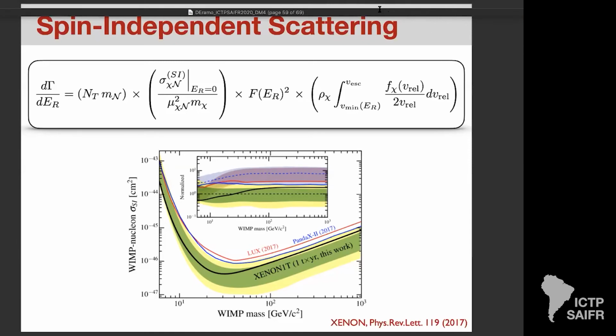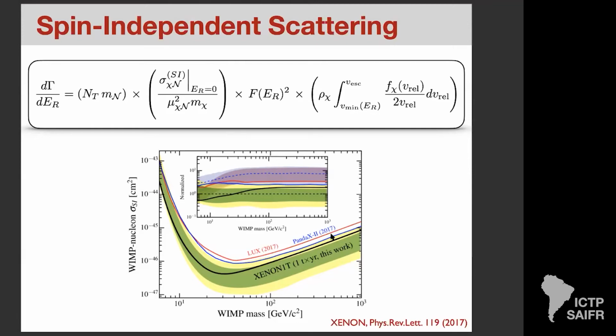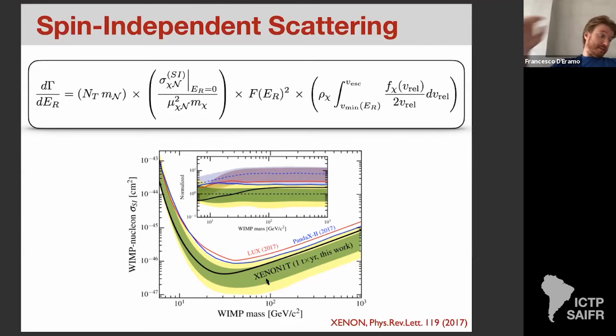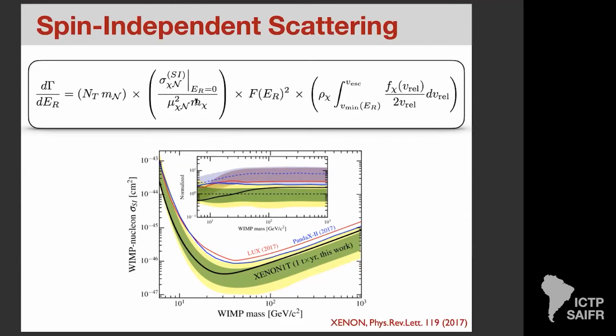One more question from Sudipta. Why is direct detection giving stringent bounds for a particular dark matter mass of around 33 GeV? I don't think there is any magic about the number 33. It's just that at large masses, they lose efficiency because of this flux factor.